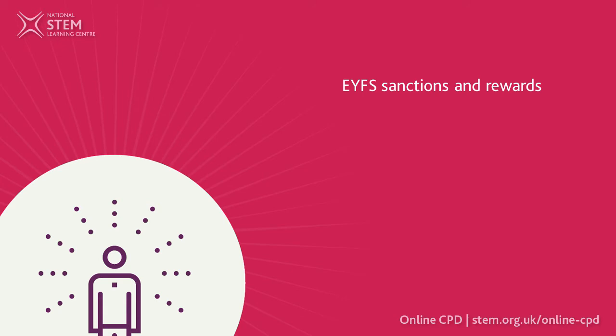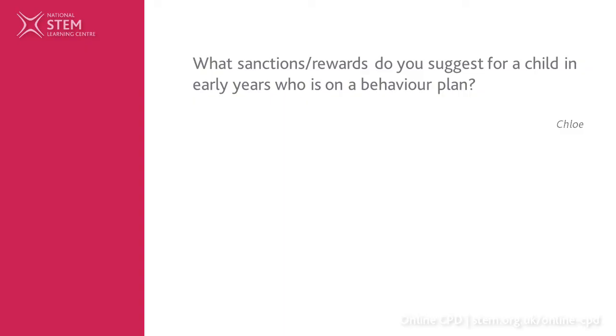I just want to try and link in the last question from Chloe there around EYFS, and how you actually reward better behaviour. And I think that it wraps it up nicely with what we've been saying throughout this whole Q&A session. It's about knowing your children and knowing what triggers are going to work for them. And that's exactly the same for your EYFS. So just thinking of my little girl who's 3.5, if it's Paw Patrol, then that's going to be the trigger. Try and give her Peppa Pig, she's not interested.